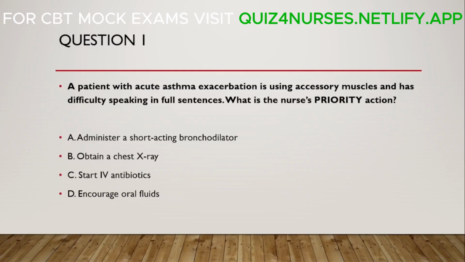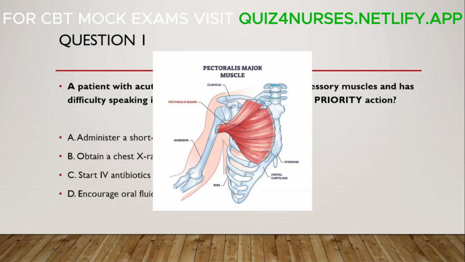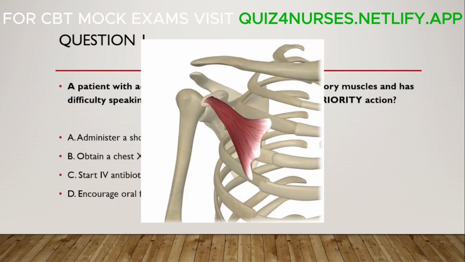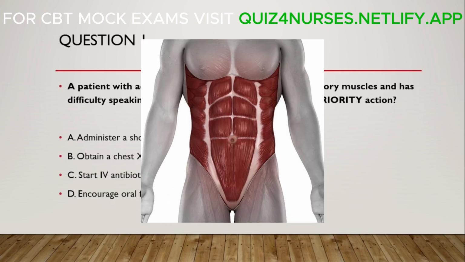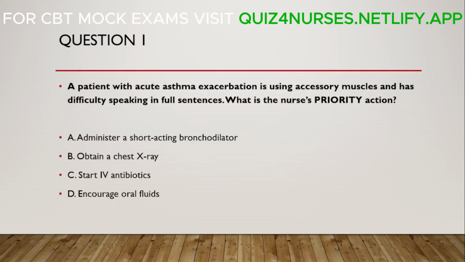So the patient responds by using the accessory muscles just to increase the amount of oxygen that can be taken into the lungs. What are accessory muscles of respiration? This includes pectoralis major, pectoralis minor, abdominal muscles, and internal intercostal muscles. So these are used to exert extra effort needed to increase oxygen level that gets to the lungs.